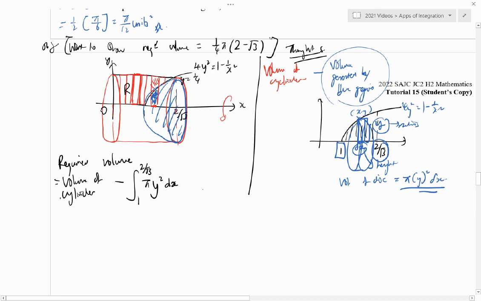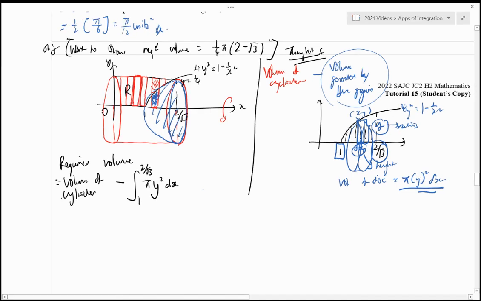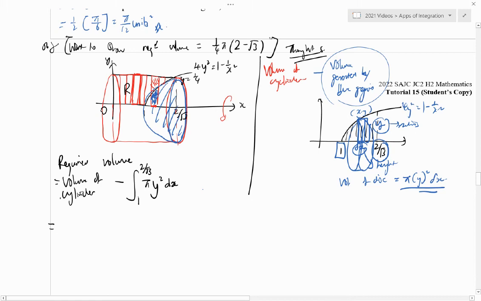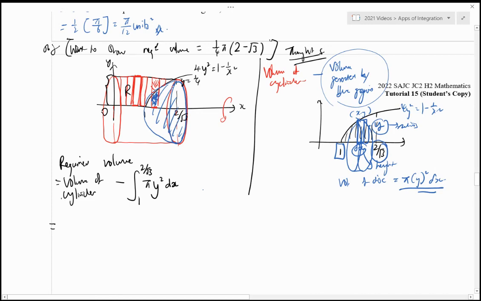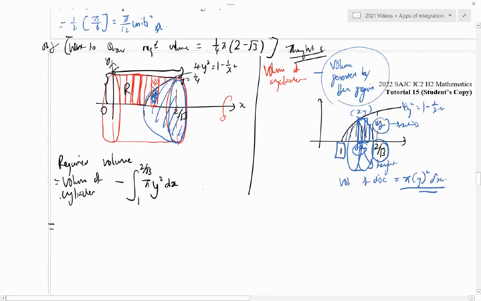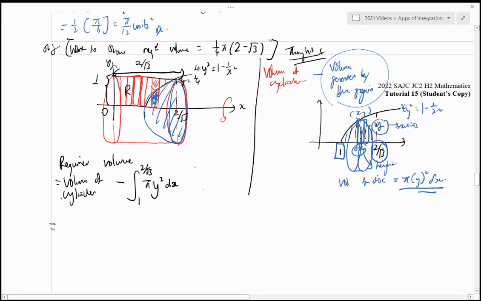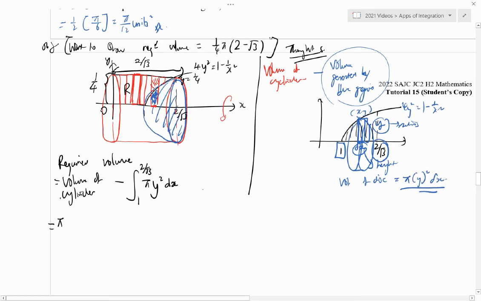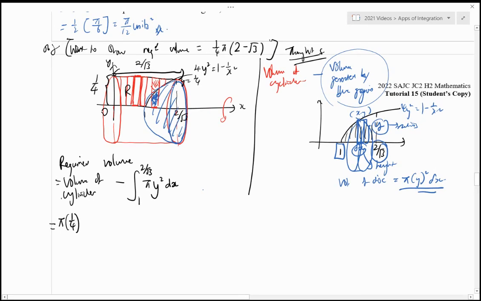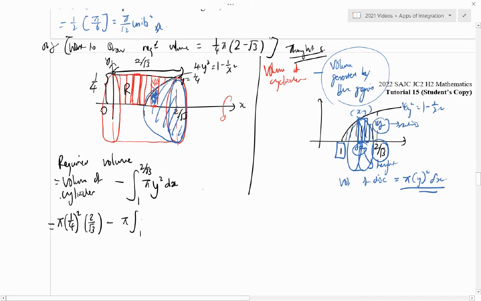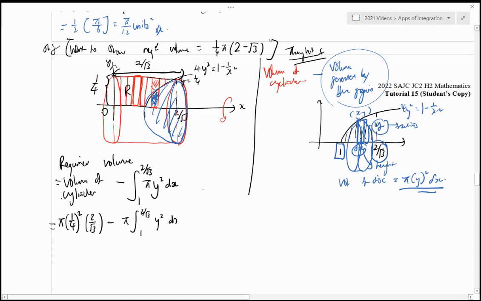Now the volume of the cylinder, which is the one in red: notice that the height of the cylinder is actually 2 over root 3, and the base radius is actually the height, 1/4. So this is just pi r squared h minus pi integrate 1 to 2 over root 3 of y squared dx.